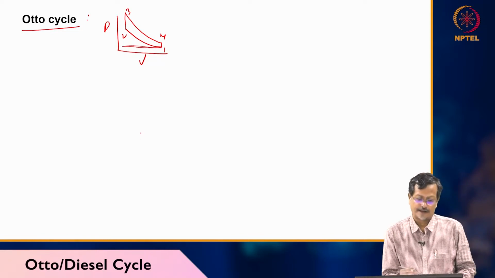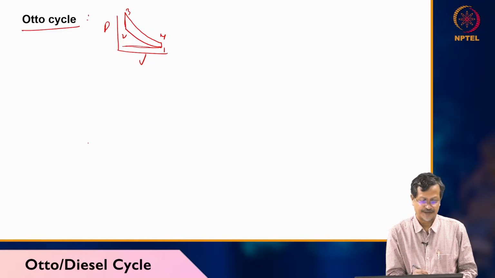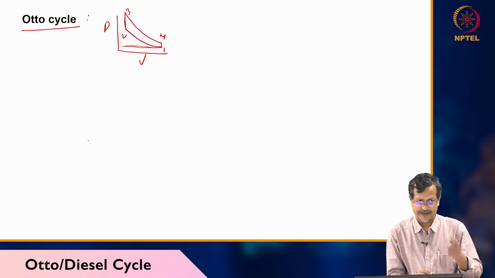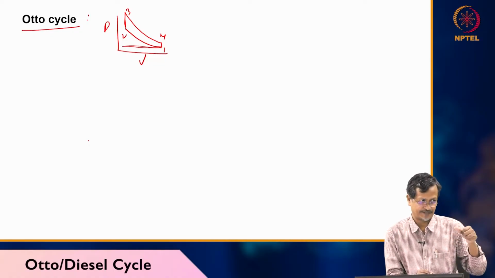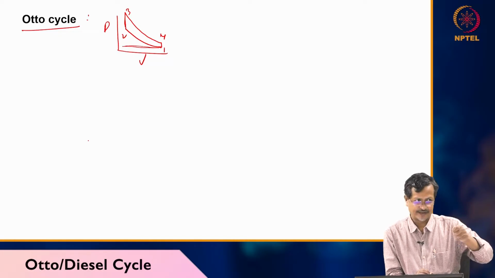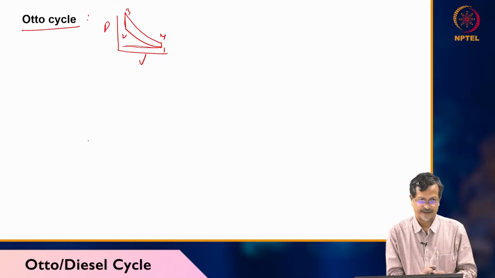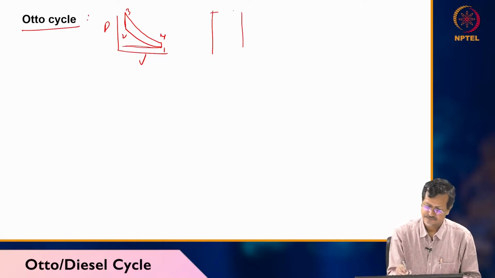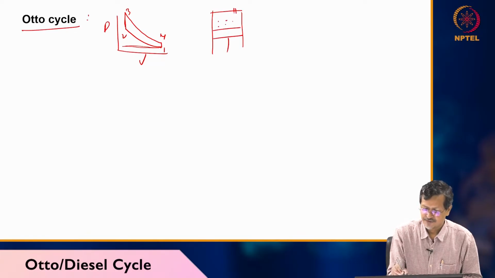Basically this is a spark ignition engine, and in a bike, these days battery operated bikes are there, right? In a car also, if you just rotate the key, it will start. So there will be a battery, and the battery will create a small spark. Okay, you compress it, then you give a small spark.